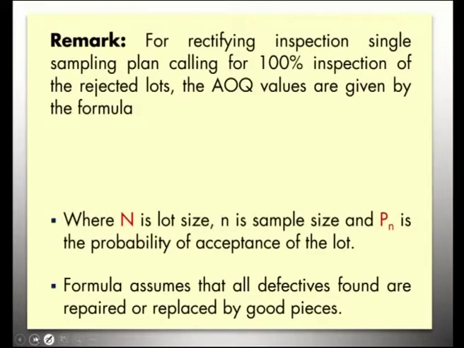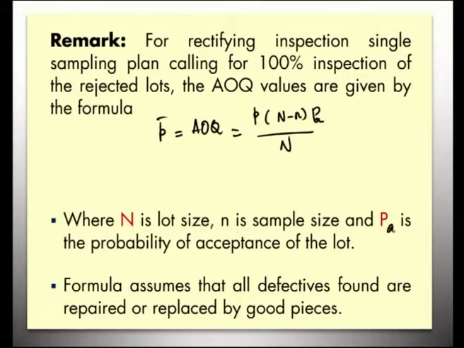The most important remark here is that for rectifying inspection, a single sampling plan calling for 100% inspection of the rejected lots, the AOQ values are given by this very basic, important formula: P bar is equal to AOQ is equal to P into (capital N minus small n) into PA divided by capital N, where capital N is the lot size, meaning the number of items, small n is the sample size, and PA is the probability of acceptance of the lot.